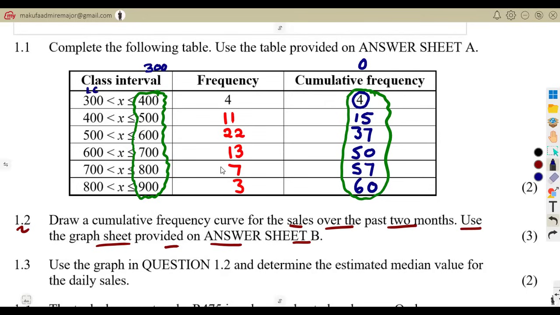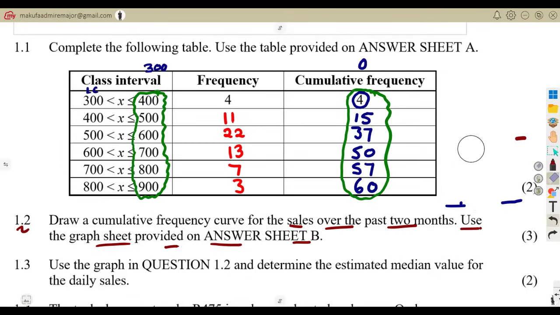From the classes that you had, you need another one, the lower class. You make it to be an upper class. Why make this one part of our graph? So that the graph is starting from the ground. The graph is supposed to start from the ground going up. Not to say your graph is starting from a certain point like this.